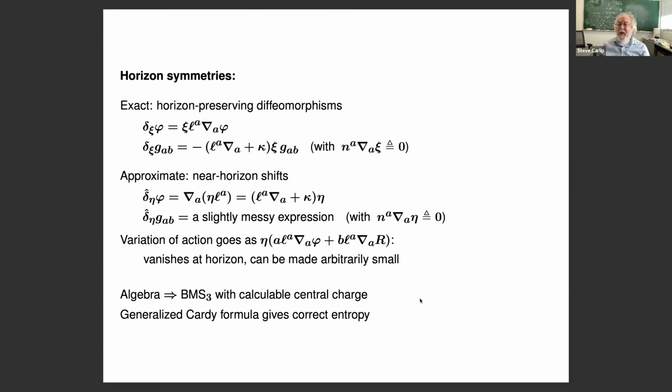So if you look at the symmetries of this action, don't worry about the details here. There's one obvious exact symmetry, which is the diffeomorphisms that preserve the horizon. That is, diffeomorphisms along vectors that are in the direction of the horizon. And you can extend those off the horizon in any way you want.